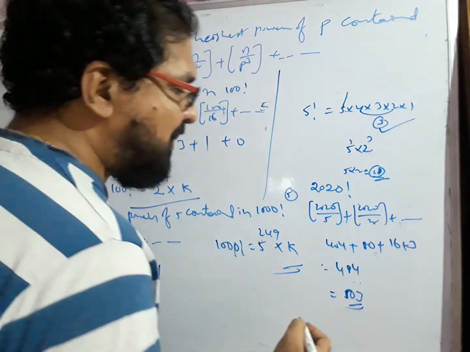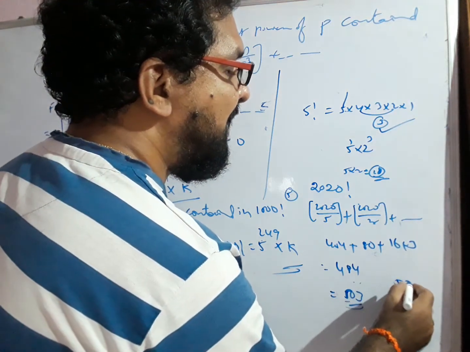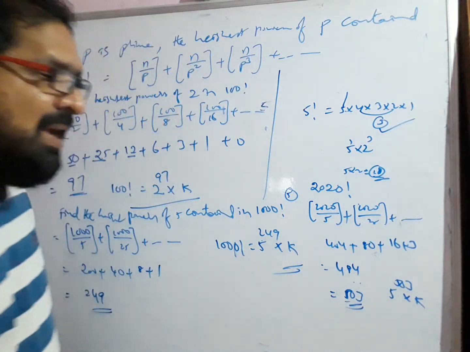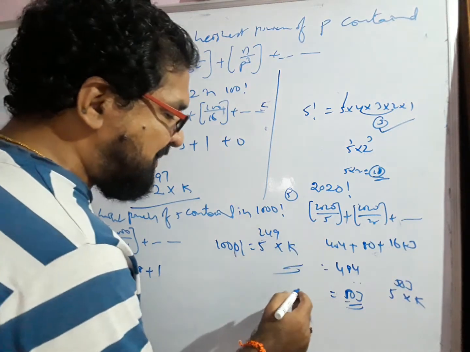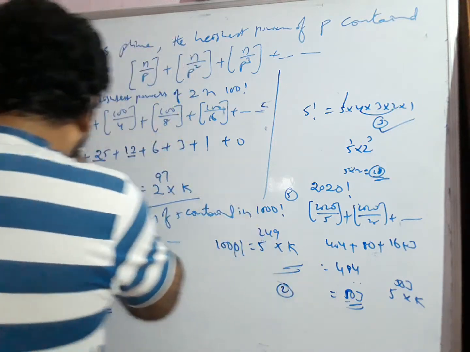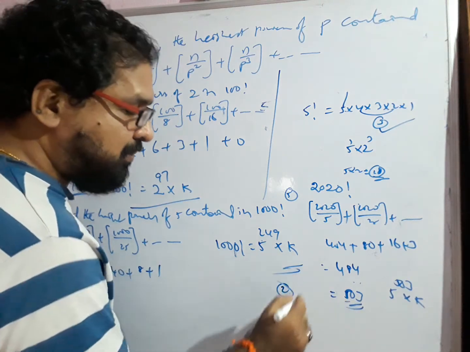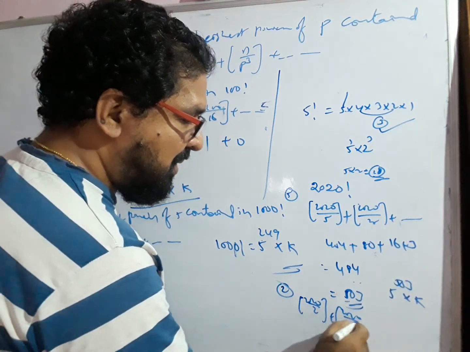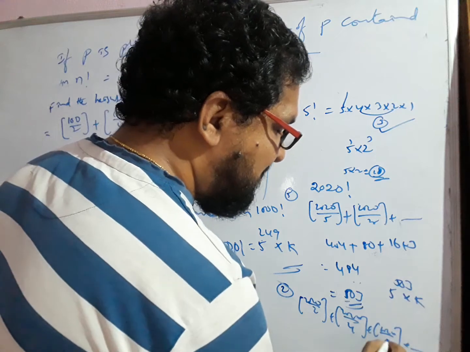So the highest power of 5 is equal to 5 power 503 into k. Here we can also check the highest power of 2 contained in 2020 factorial: 2020 by 2, plus 2020 by 4, plus 2020 by 8, and so on.